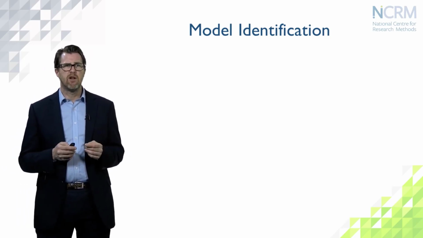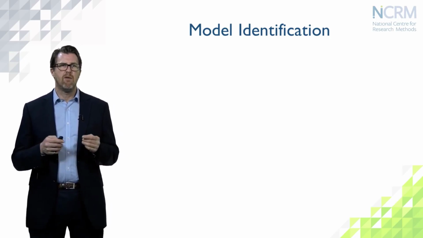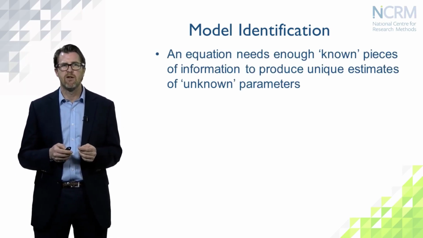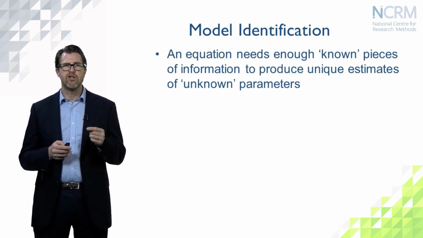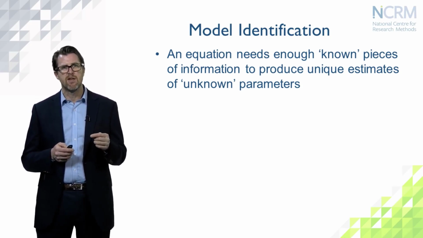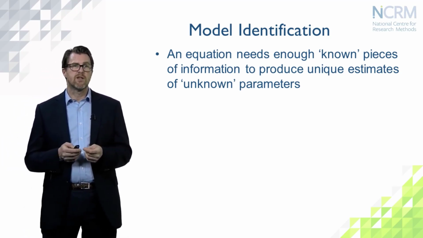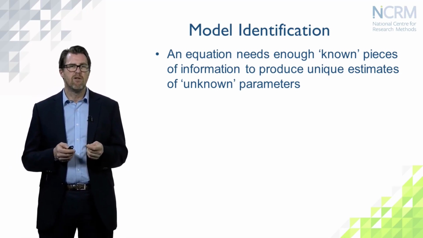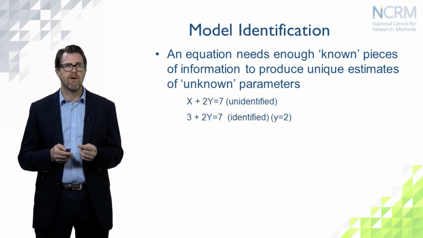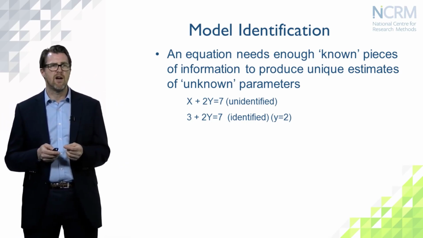So what is model identification? Well, in conceptual terms, we need to have enough known pieces of information in an equation to produce unique estimates of unknown parameters. Now we need unique estimates, otherwise we don't know which ones to prefer. So to give an example of what we mean here by the balance between known and unknown pieces of information, if we look at these two equations, the first of these is unidentified.